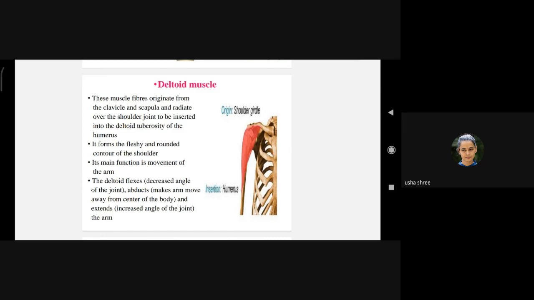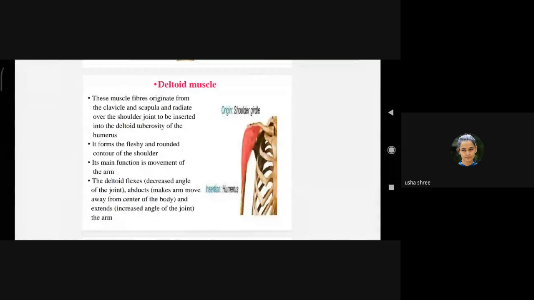It means it is inserting to the humerus. It forms the fleshy and rounded contour of the shoulder. We can all see our deltoid by capturing it with our other hand, right? Its main function is movement of the arm.